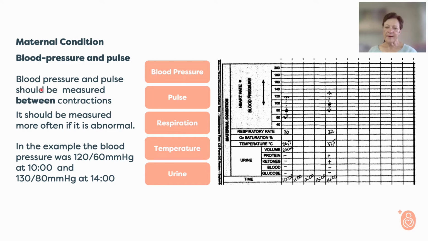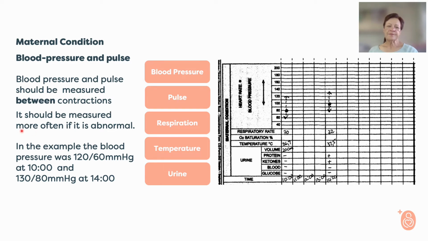And all that blood goes back into the maternal system. And that causes an increase of the cardiac output and therefore also an increase in blood pressure and the pulse. So that's the reason why the blood pressure and the pulse should be taken and measured between contractions to get an accurate measurement of the blood pressure and the pulse.